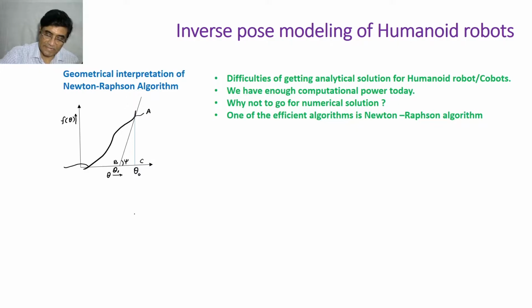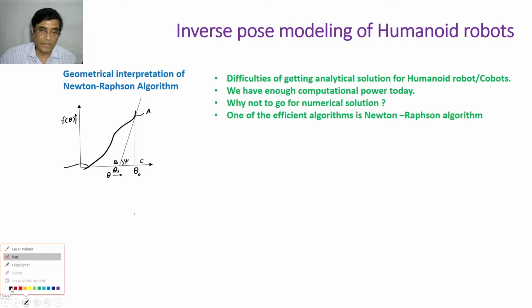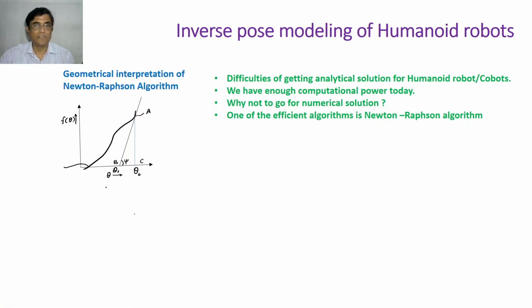So let us discuss the Newton-Raphson algorithm for finding the solution of a function for which an analytical solution does not exist. For a general case, let us consider a single valued function f of theta. I am taking a digression, and although I know very well you know the Newton-Raphson method, I will recapitulate here with a single variable.